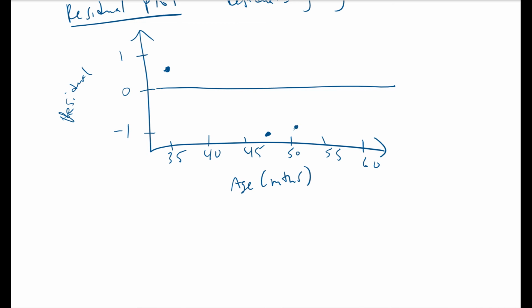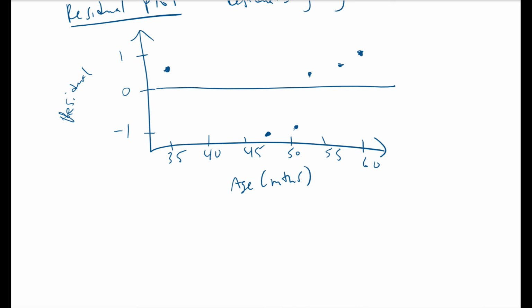When it's 54, 0.29. Pretty small. 57 is 0.51. And then lastly, 60 is about 0.74.